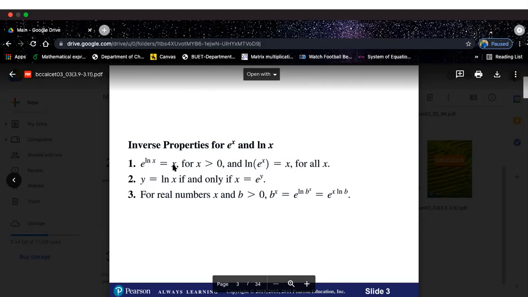And if you see natural logarithm of e to the x, you can still write x for it. That means whenever you see e to the natural logarithm of x or natural logarithm of e to the x, you can straight away write x in place of that.